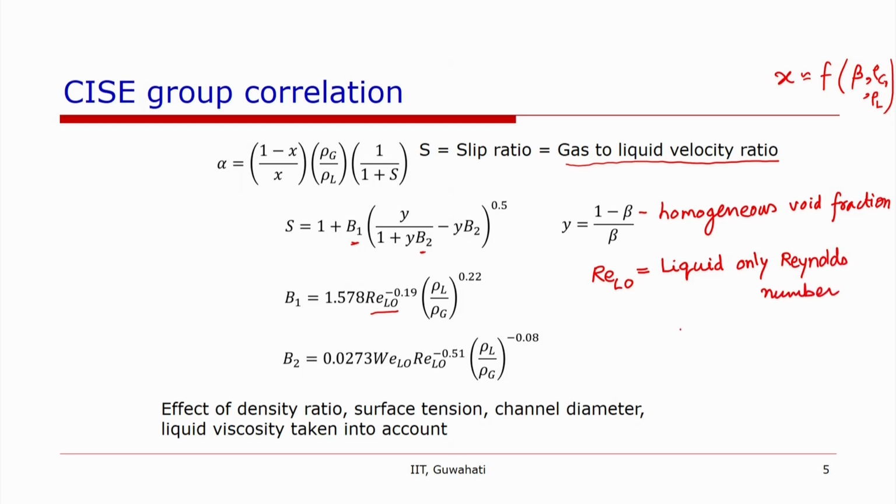So, this is defined as ReLO is equal to channel diameter D divided by mu L, rho L into UL, or liquid velocity, or you can define it as D into GL over mu L, where G is the mass flux.